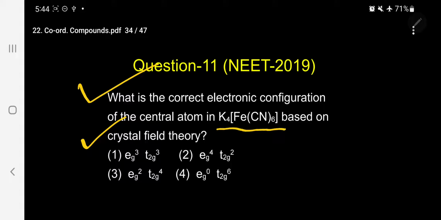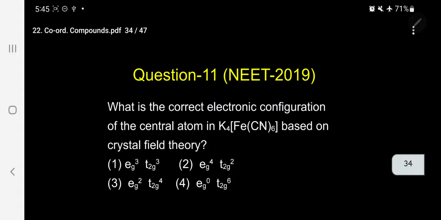Potassium hexacyanoferrate, we will call it as the IUPAC name. The options given are: A, eg3 t2g3; B, eg4 t2g2; C, eg2 t2g4; D, eg0 t2g6. To understand this question, what is the correct electronic configuration of the central atom iron based on crystal field theory? So now we have to go for the crystal field theory, and we can predict from that worksheet.